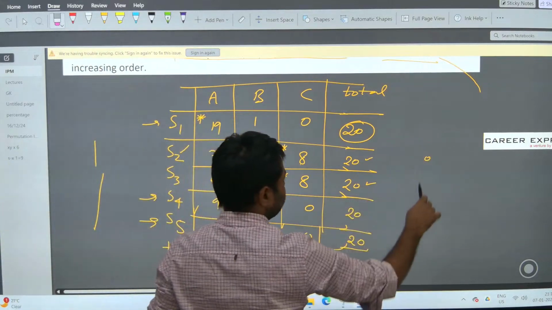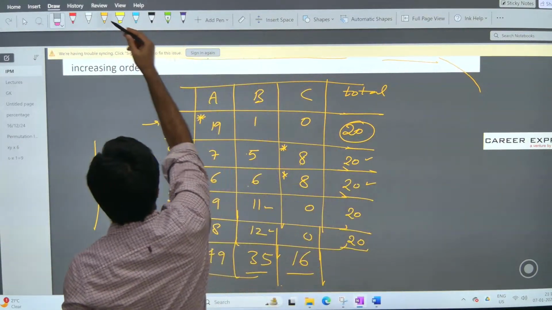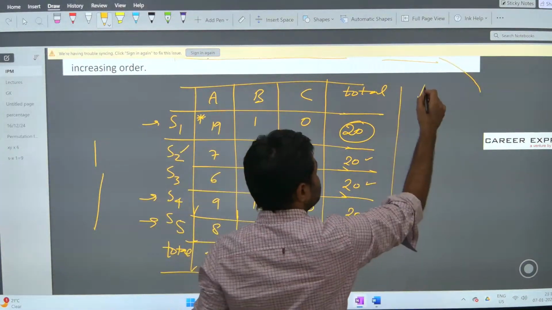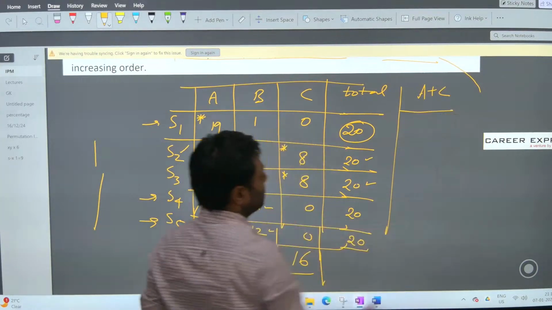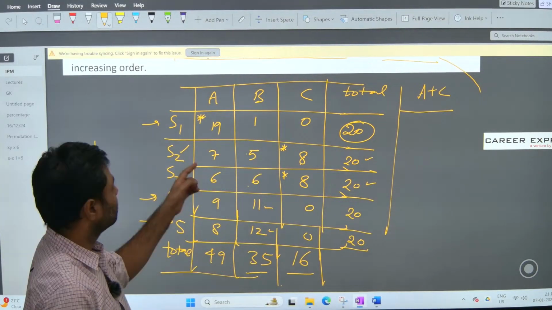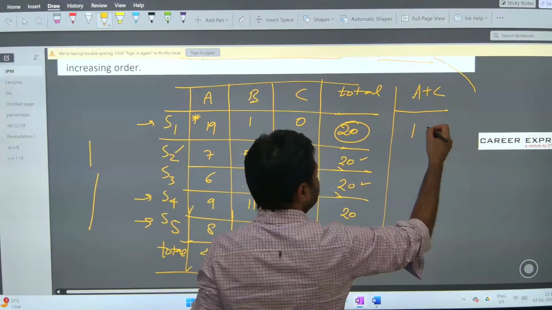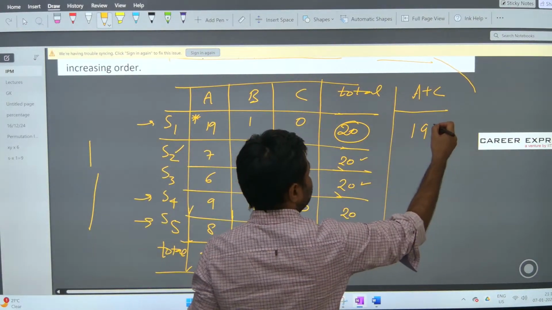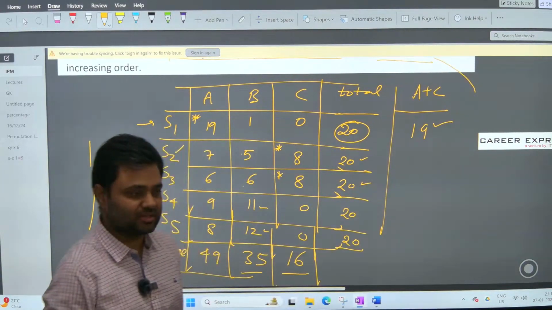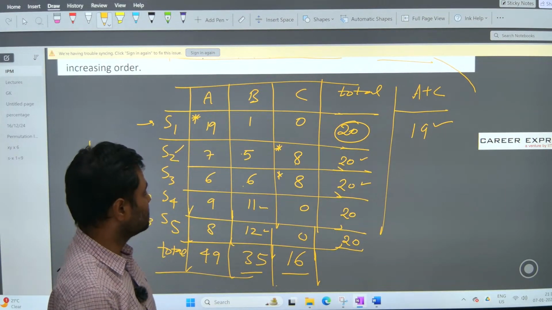I can say the alliance of A and C, they will get how many votes in S1? They will get 19 votes. So this seat was anyway won by A, so it will still remain with the alliance A and C.